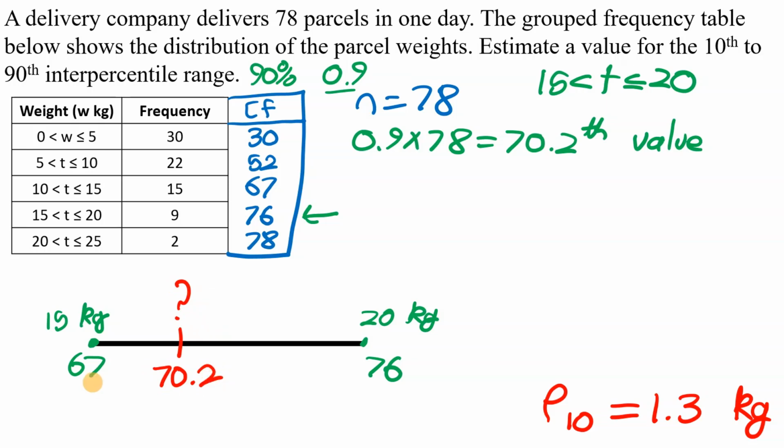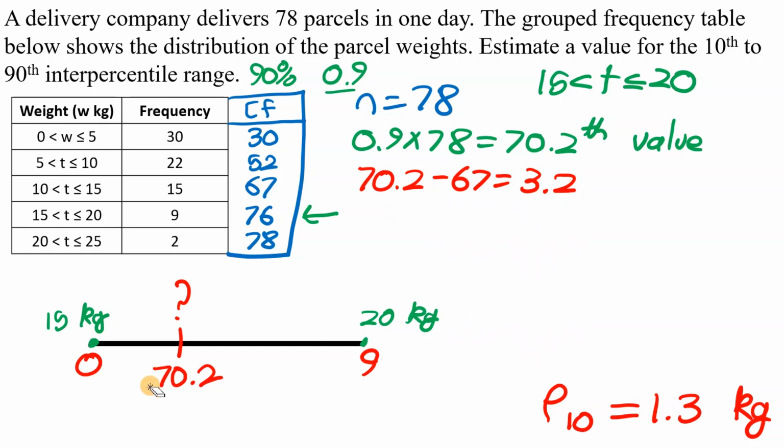Now, as I talked about in the last video, we need this 67 to be 0. So from all of these frequencies, we're going to minus 67. So this 67 will just become 0. And then this 76, if you minus 67, will be 9. And then this 70.2, if you minus 67, is equal to 3.2.